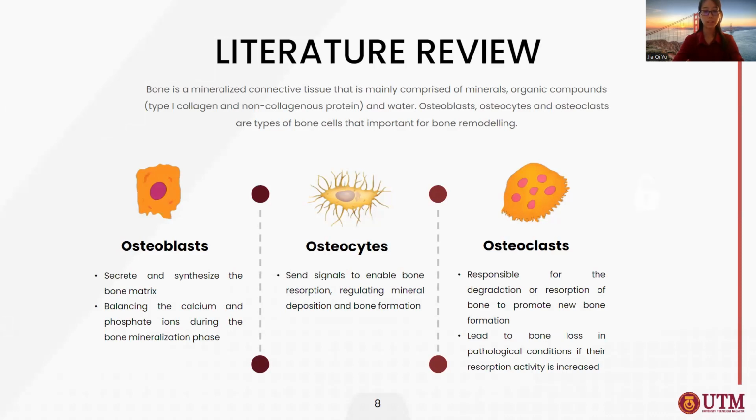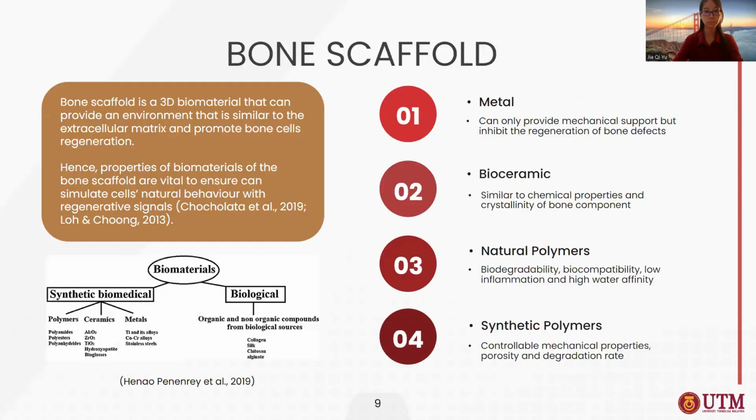Osteoblasts secrete and synthesize the bone matrix, balancing the calcium and phosphate ions during the bone mineralization phase. Osteocytes send signals to enable bone resorption, regulating mineral deposition and bone formation in skeletal metabolism. Osteoclasts are responsible for the degradation or resorption of bone to promote new bone formation.